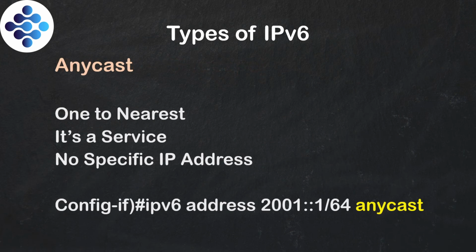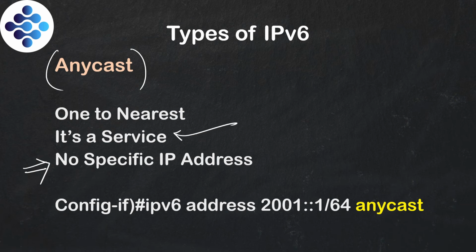Next is Anycast. Now this Anycast is a very interesting concept. Anycast is one to nearest. This is the point which is so important, that Anycast is not a specific address. No specific IP address is Anycast. In fact, any address can become Anycast. It's like a service.